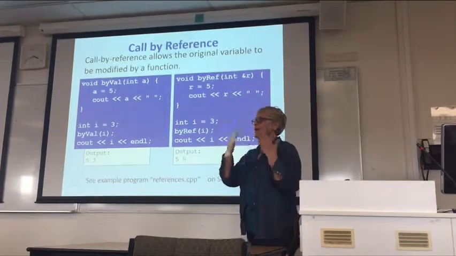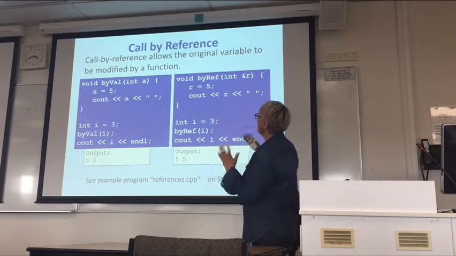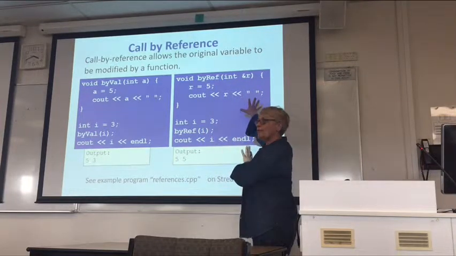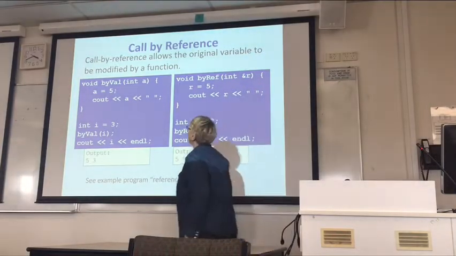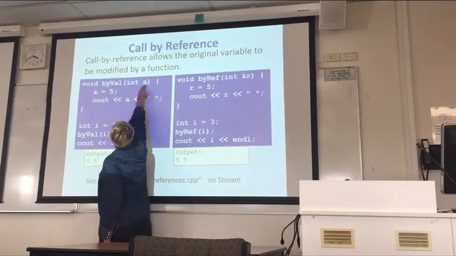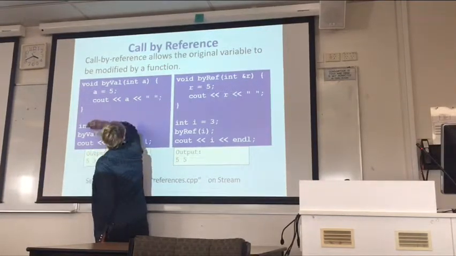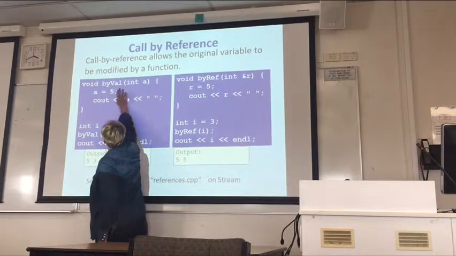As I said, this call by reference is used for functions. Instead of using call by reference by pointers, as you used it in C, from now on we will use call by reference the C++ way. Remember, in this case we have call by value. So this is how the function is defined.